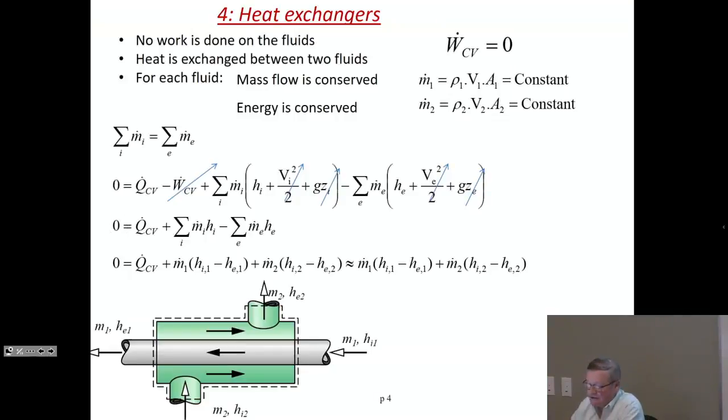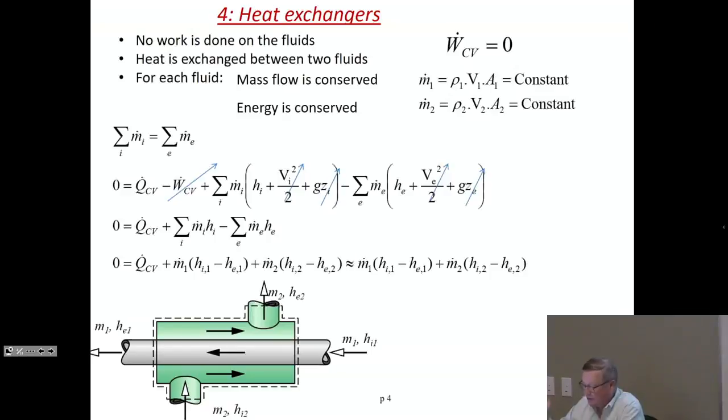Now let's put this whole thing together. Assume further that we have no change in heat in the control volume. In other words, we neglect heat losses at the place where the heat exchange happens, and we say that the only heat exchange happens between the first fluid and the second fluid.